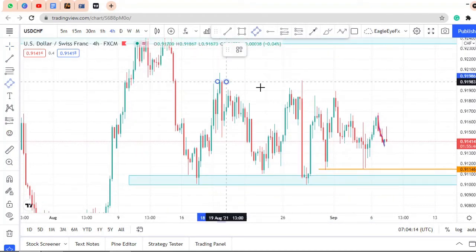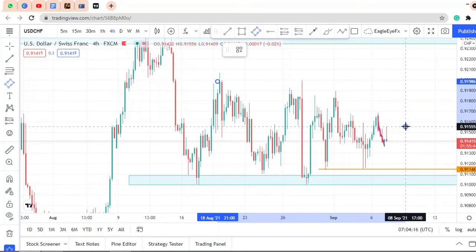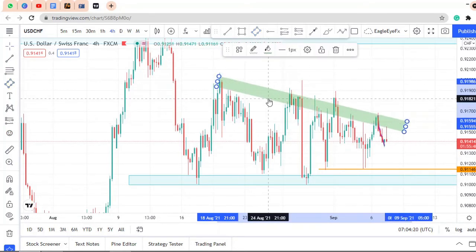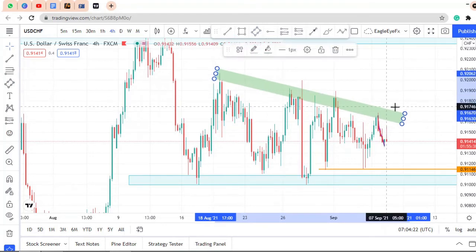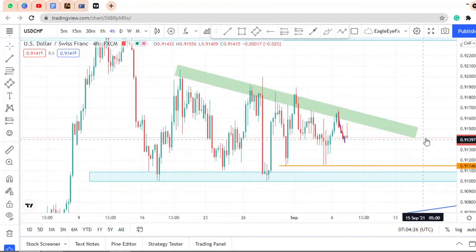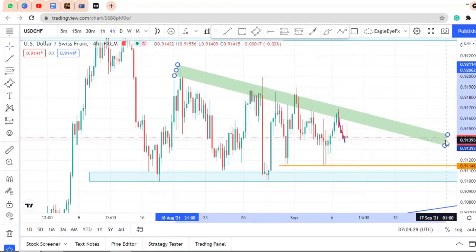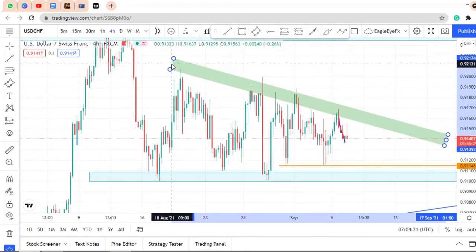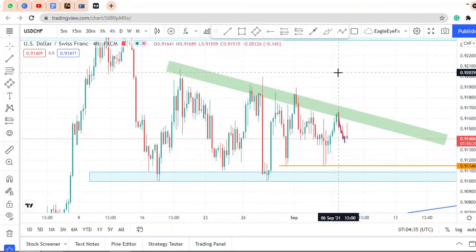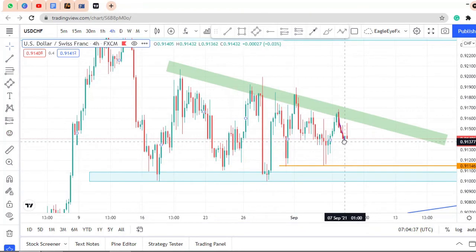So I'll draw that again like that. Make this into a zone so that we can be able to catch that move well, like that.